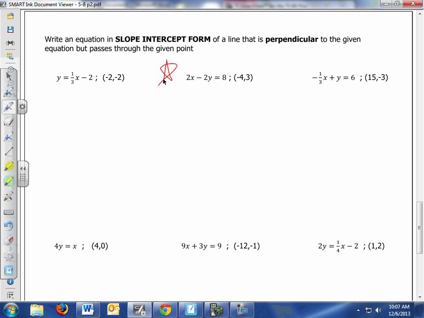Check your answer with a neighbor. Make sure you're using that correct perpendicular slope. Make sure you're using plus and negatives. Taking care of your signs. Make sure we find the correct slope.